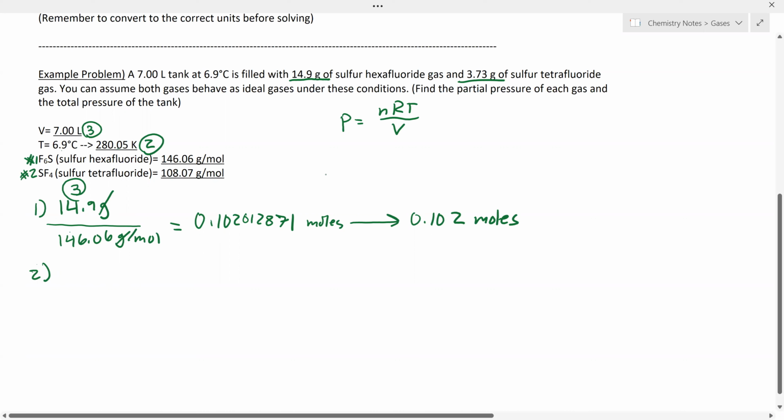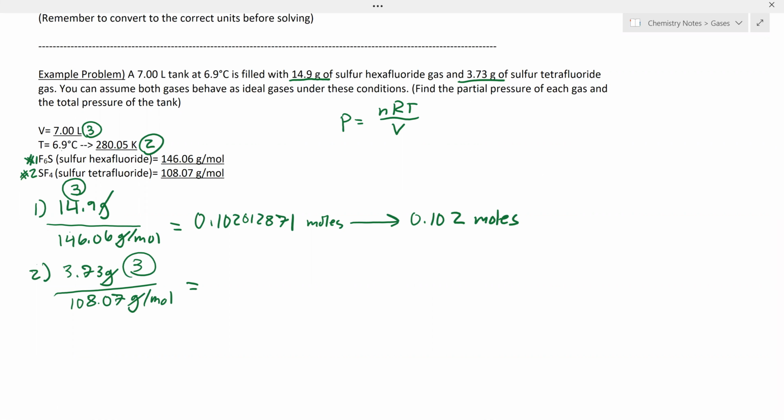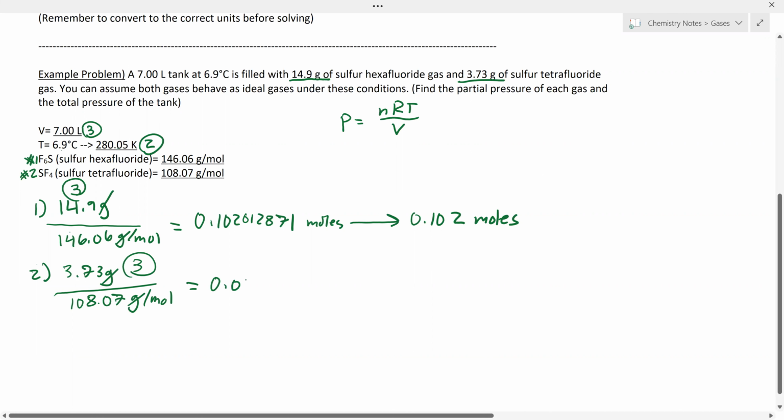Anyway, so now we're on to the sulfur tetrafluoride. 3.73 grams of the sulfur tetrafluoride. So that's another one where we have 3 sig figs. And then we put, once again, molar mass on the bottom, make sure the grams cancel out. Then you do the calculator, 3.73 divided by 108.07. We get this number.